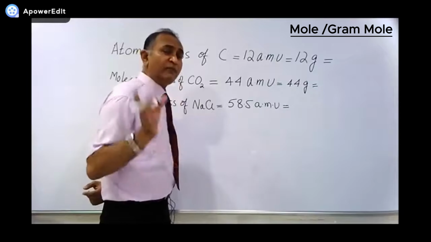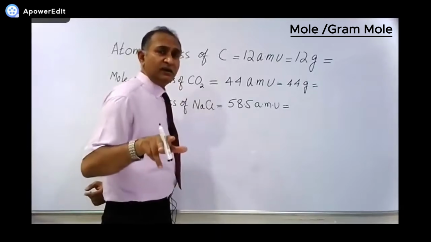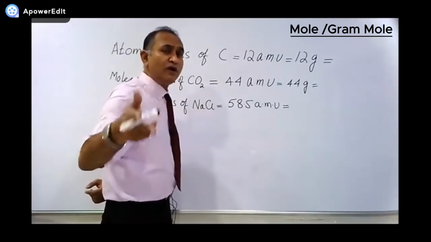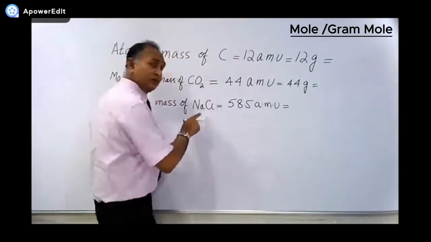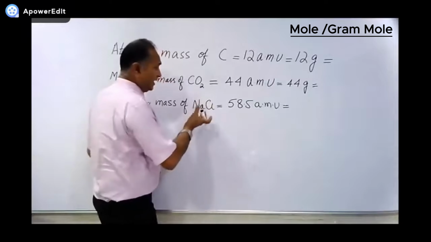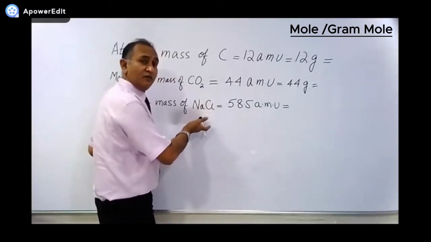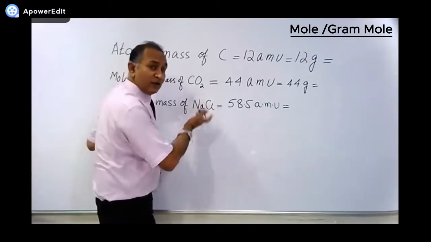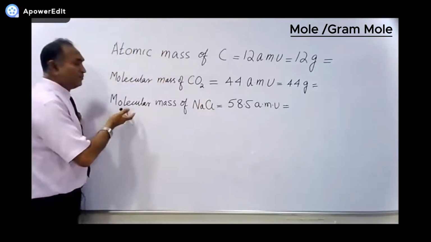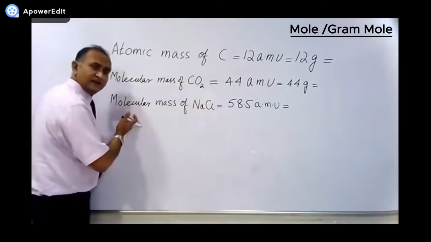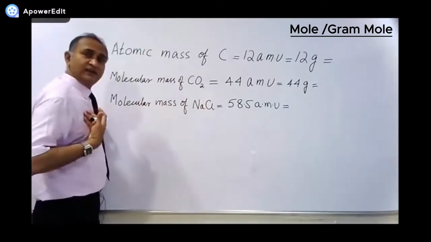If you see a compound of these, then they do not form molecules, they simply form ionic compounds. So what is the bottom line here? It's not a molecular compound. If it's not a molecular compound, I cannot write molecular mass here. It's my mistake.